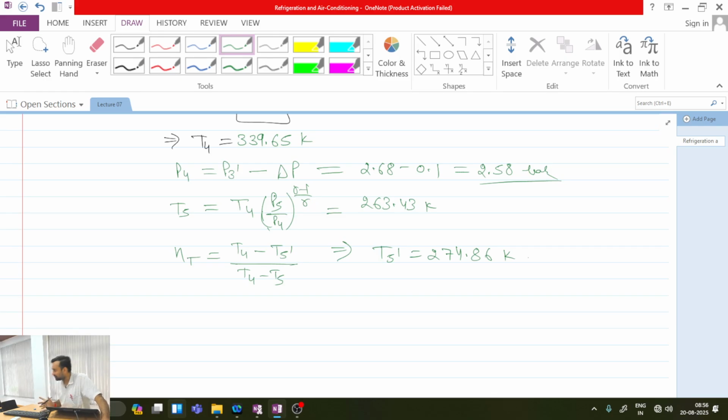Yes, COP is also there. So what will be the COP of this cycle? Please tell me. Refrigeration effect. What is the refrigeration effect?